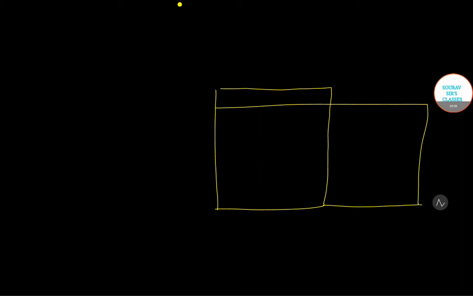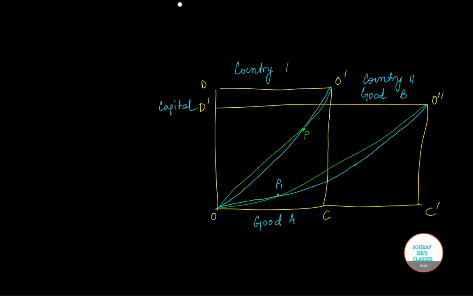Okay, and let me mark the origins. This is O dash. Okay, and this becomes. So first we will analyze a pre-trade situation or the factor prices under autarky. Now I have already drawn the diagram, so we will discuss it, so it saves a little bit of time.